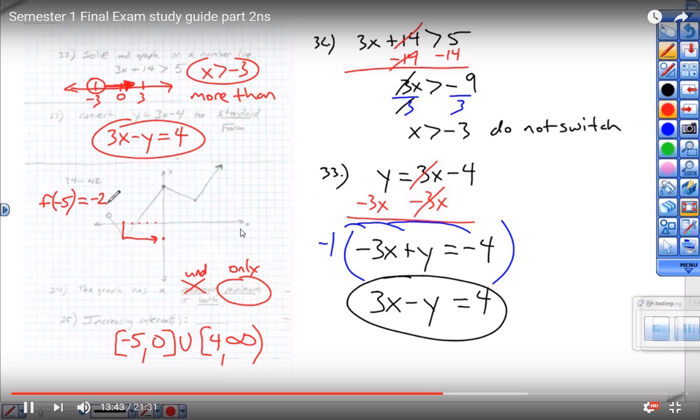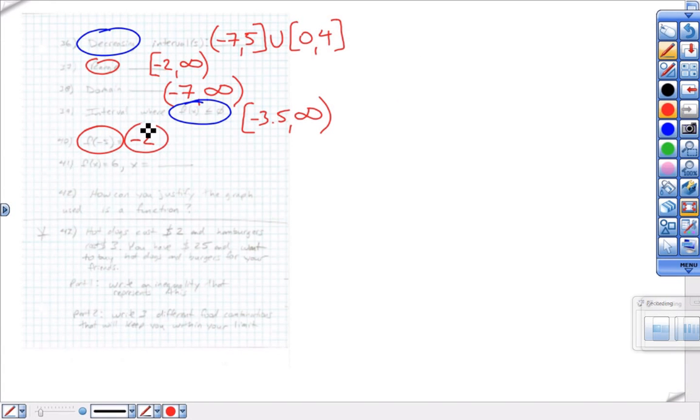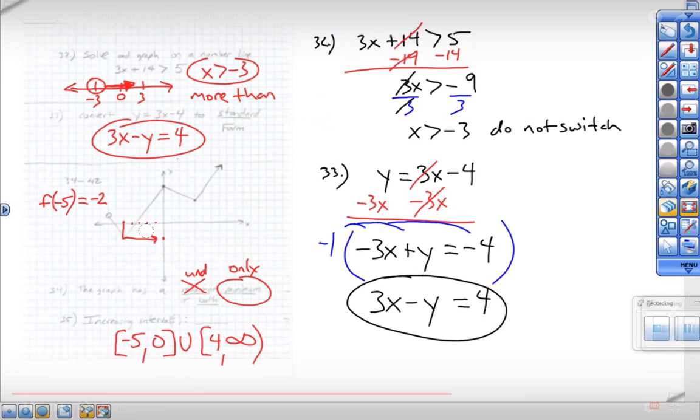For the next problem, I give you instead the y number. So for number 41, I give you the y number instead. So again, on that one, you go to that 6 on the y-axis and then use it to find out what the x number is for that graph.